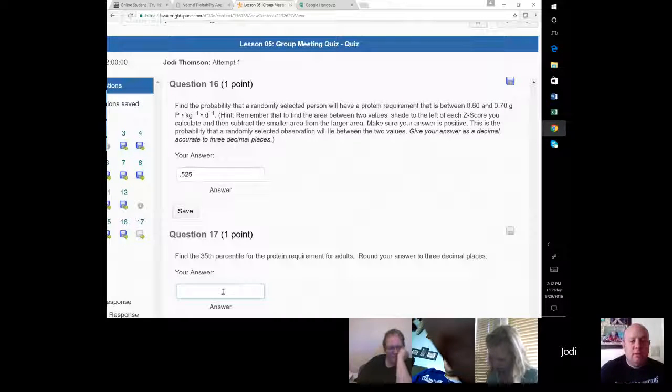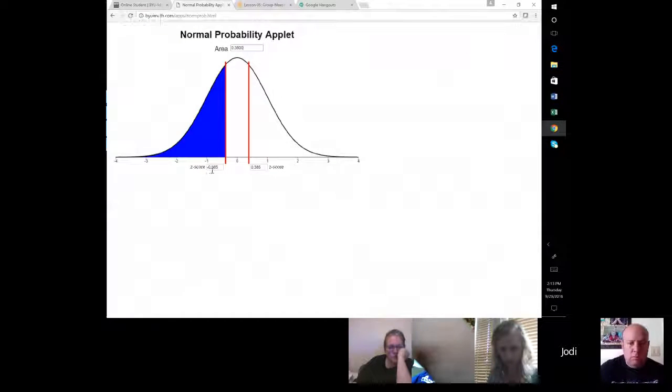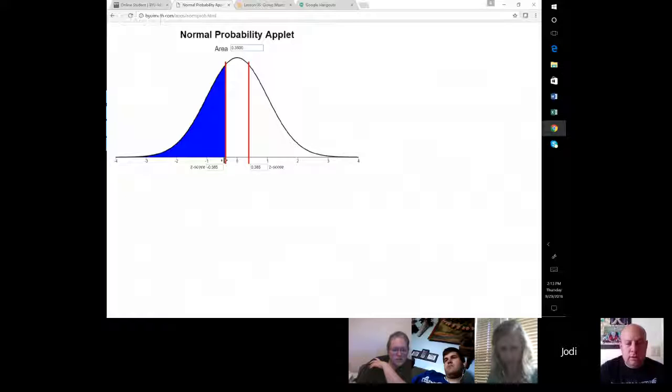And you know why you're using the negative? Because it's below the mean of 0.65. Well, if you look at the applet, if your percentile is less than 50, it's going to use the negative z-score. If it's above 50, it's going to use the positive z-score. And if you leave out your negative, you're going to get the wrong number, because the positive one is like the 65th percentile.